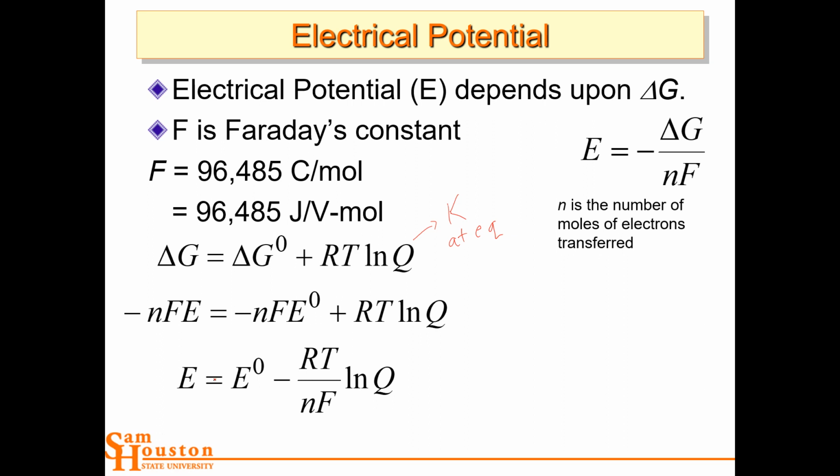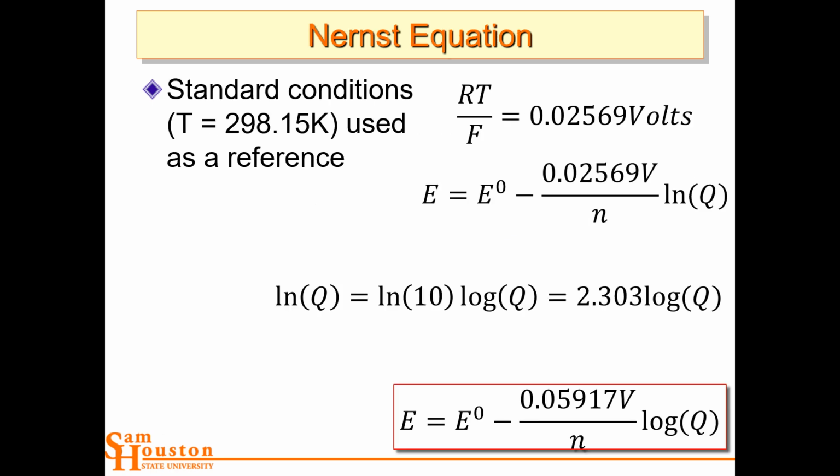So we can change the cell potential by changing the concentrations of the reactants and the products. This leads to the Nernst equation, and so that's what we'll talk about here. The Nernst equation uses the standard conditions, 298.15 Kelvin, and you put that in with the gas constant and Faraday's constant, and you end up with this number, 0.02569 volts.